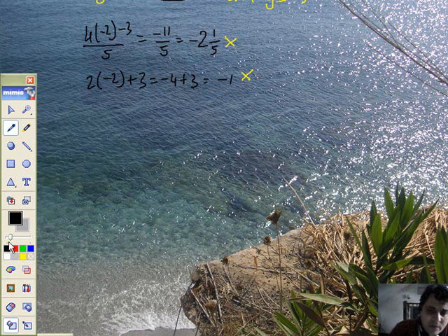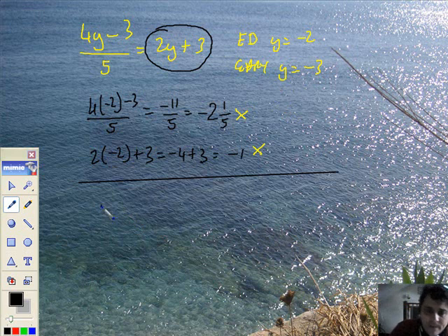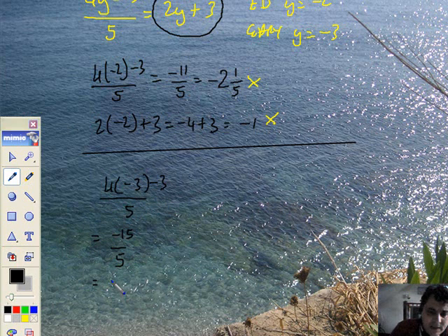So straight away I know that Gary's got it right, but let me prove it anyway, then we'll feel better about that. So let's see what Gary can do. So we've got 4 lots of -3, that's Gary's idea, then take away 3, divide by 5. What does that give us? That gives us -12 minus 3, -15 divided by 5 is -3 as it goes.